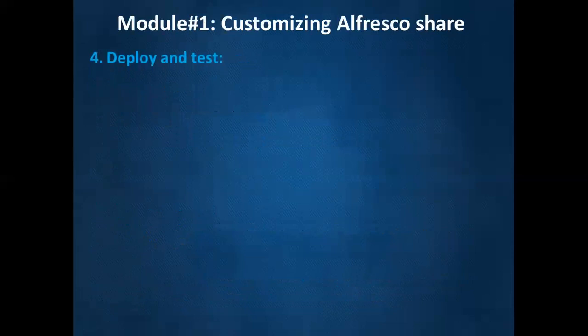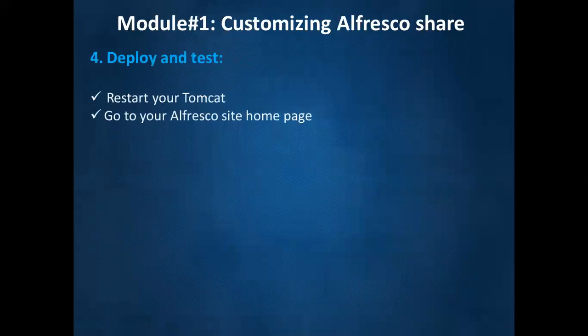Now, how to deploy and test our projects. After creating these two files, you will restart your Tomcat application. After that, go to your Alfresco site homepage, choose any site that you want to add the dashlet that you created to. Open the option Customize Dashboard.